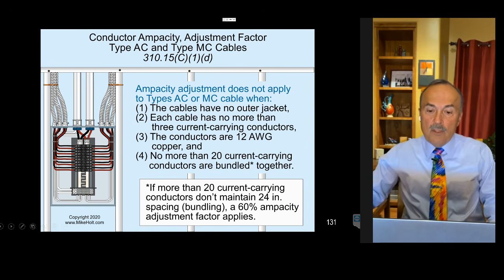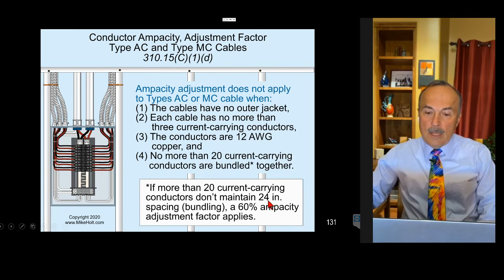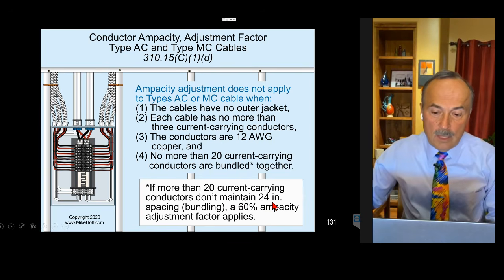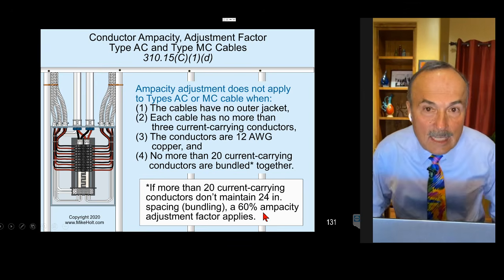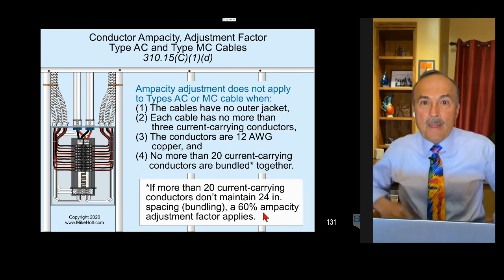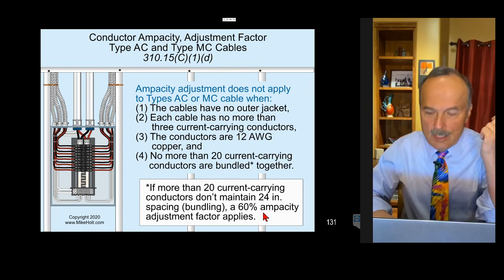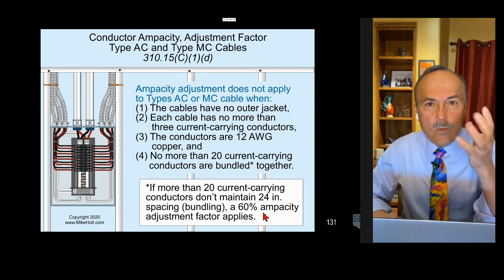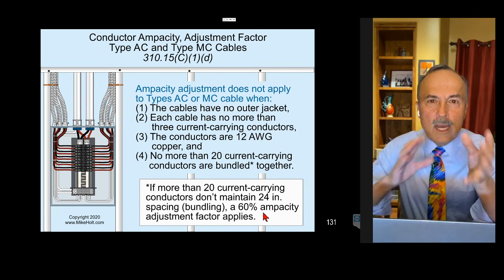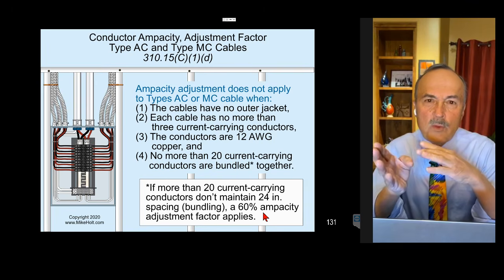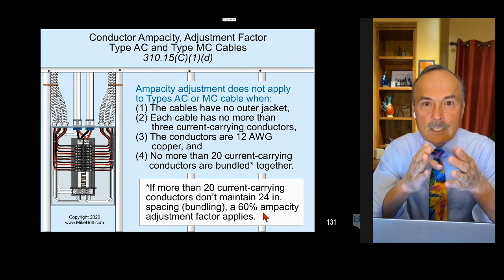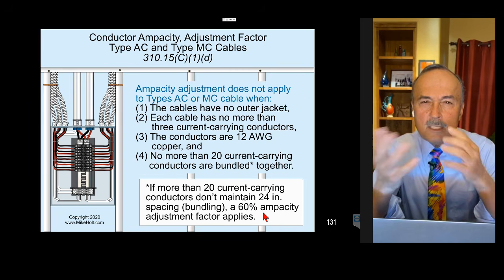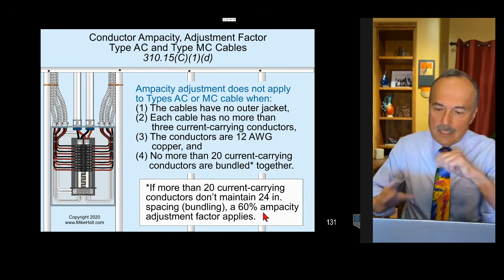Well, it tells you this: if it's more than 20 conductors and you don't maintain 24 inches of separation, then you use a 60% adjustment factor. I was trying to figure out last night why I couldn't remember the 60%, because we went from 70% for up to 9 conductors, then we went to 50%, and I thought it was going to be 60%, and this is where that 60% came from.